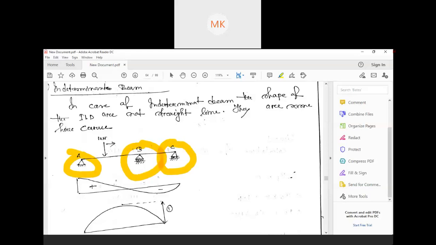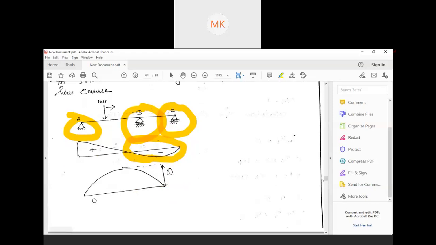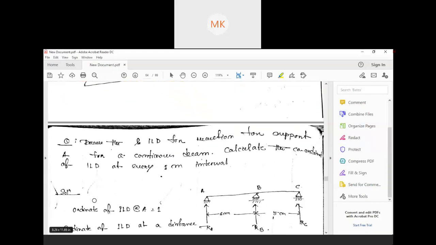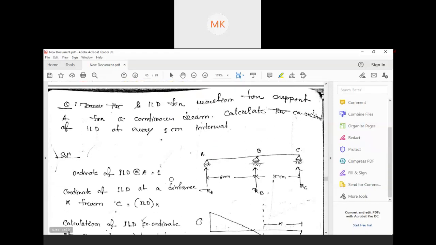As you see, this is fixed and the other two are roller supports. For a roller support, you may also get a curve. So how will we come to know? We will solve a numerical, then you can easily find out how it looks. When we discuss an example, it will be easier for you to understand how it looks.